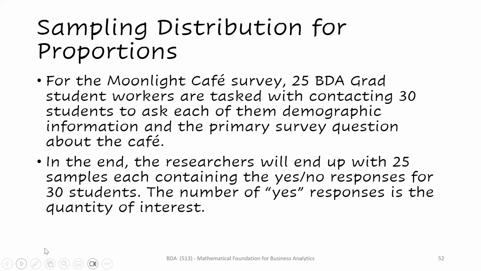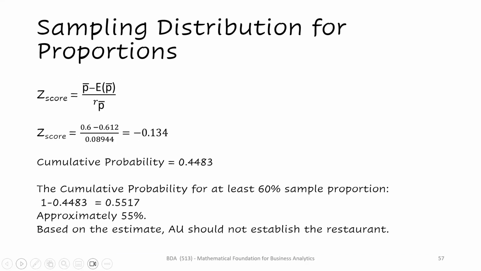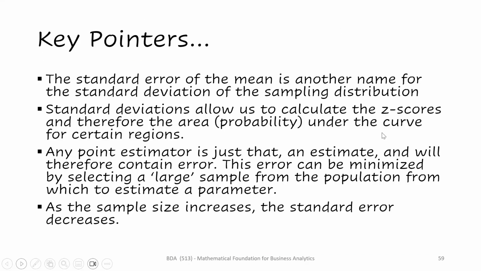Stephanie, your hand is raised. Okay, good. So let's look at key pointers. The standard error of the mean is another name for the standard deviation of the sampling distribution. The standard deviation also allows us to calculate the z-scores and therefore the probability under the curve for certain regions. Any point estimator is just that, an estimate, and will therefore contain an error.